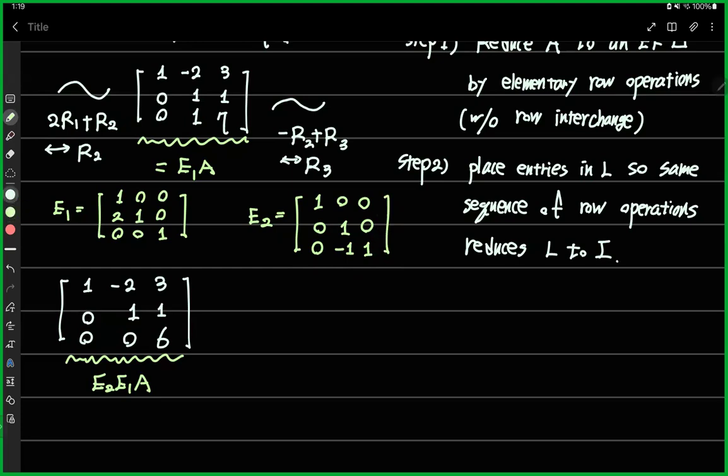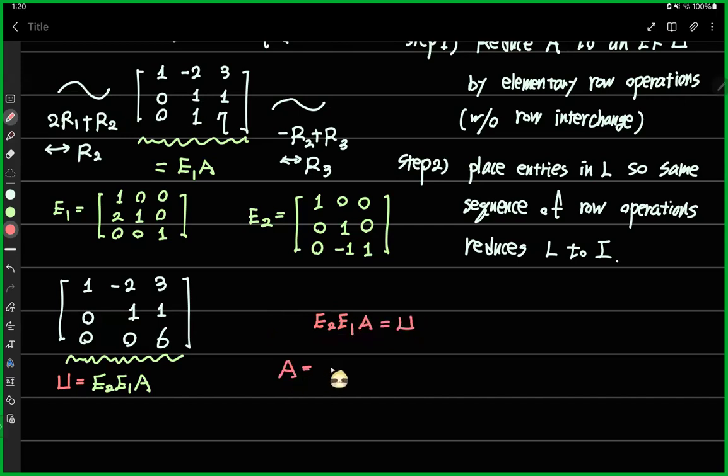So then we got the upper triangular matrix, and that's U. So E2 times E1 times A is equal to U, right?